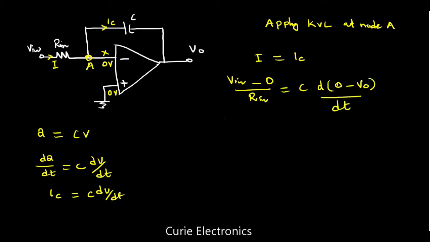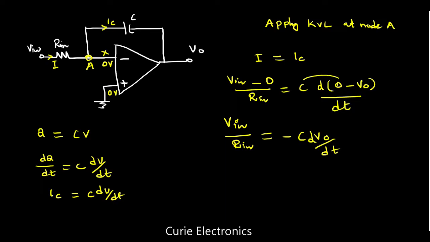Now if we simplify this, V in upon R in equals, this 0 cancels. Then the term left will be minus C dV0 upon dt.